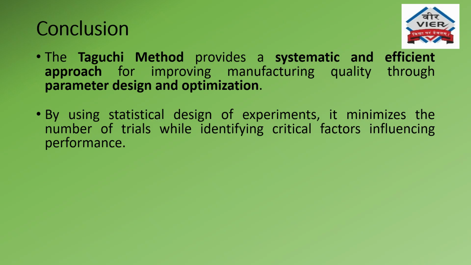For example, there are three factors and three levels, and we have selected an L9 array. If we do not take this L9, then we need to check each parameter, factor and level separately, and each time we have to perform a different operation. But based on this design of experiment, the number of trials is reduced. So this is one of the most significant benefits of using the Taguchi method.